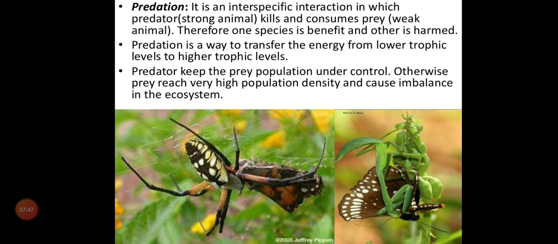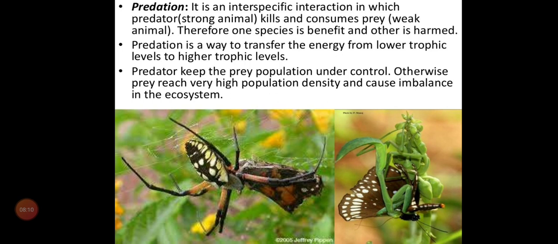Here we know it is interspecific. The same animal won't eat its own species, except very rarely, like some cobras. But here one species will eat another species. That is the concept behind predation.